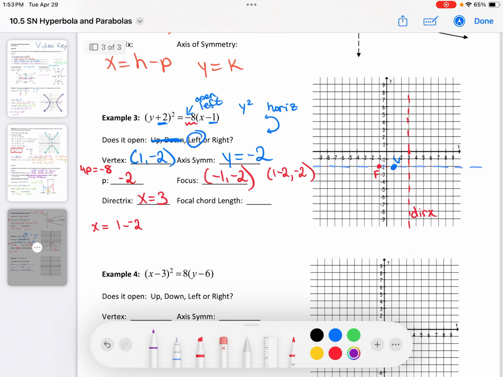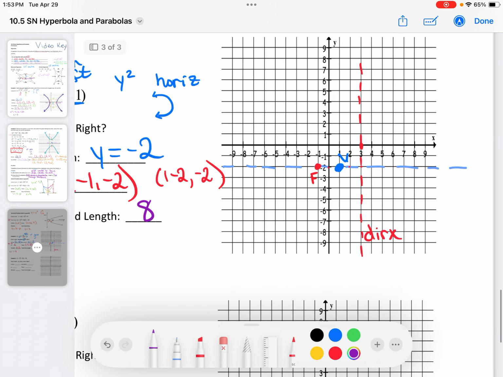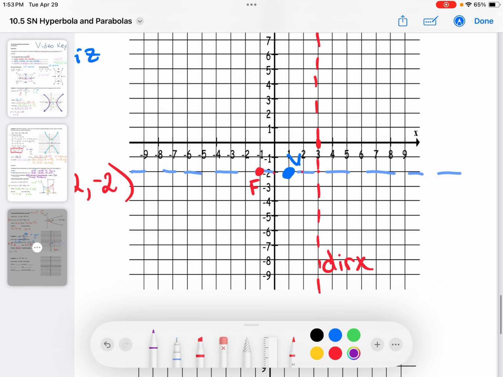So, on our example, the length of that focal chord is 4p. It's 8, and it's a length, so we consider it positive. It's actually the absolute value of 4p. So 8 is the length of that focal chord. And what that means is that through the focus, the distance across the parabola is 4p.